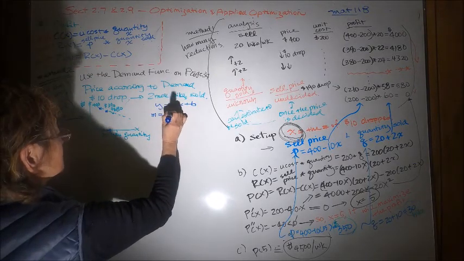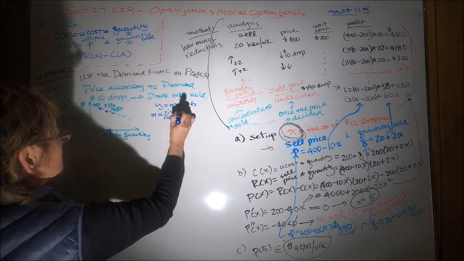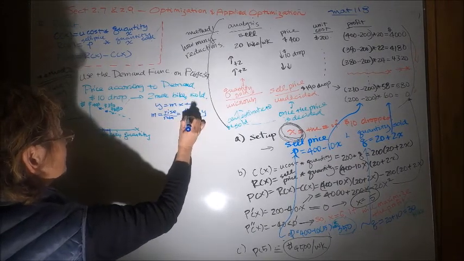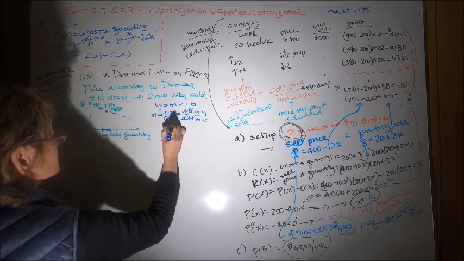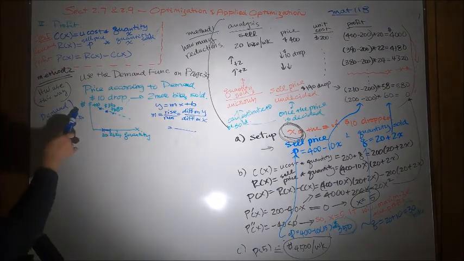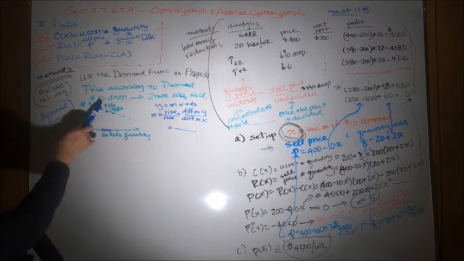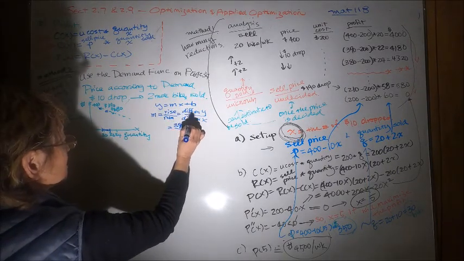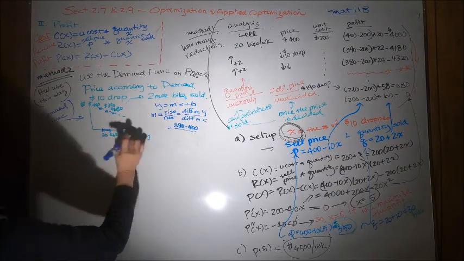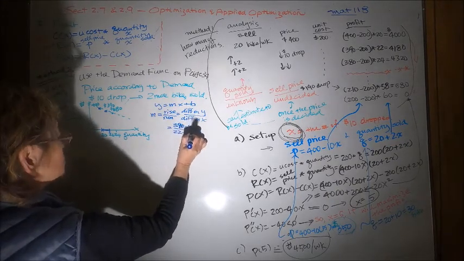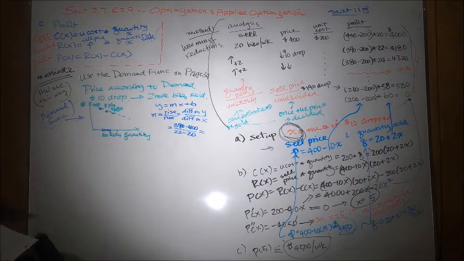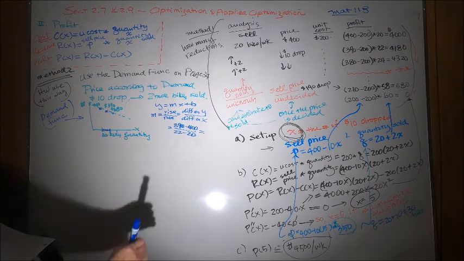Rise over run is the difference in y divided by the difference in x, right? So the difference from 390 to 400, that's from 22 to 20, right? That's your y, that's your x. Y over x, so that would be what?